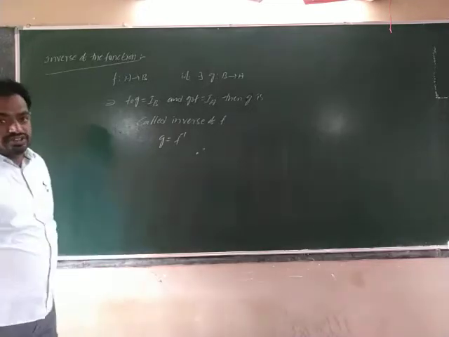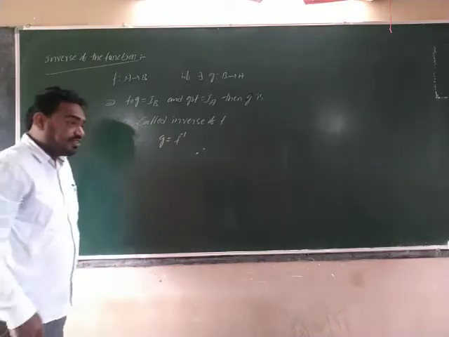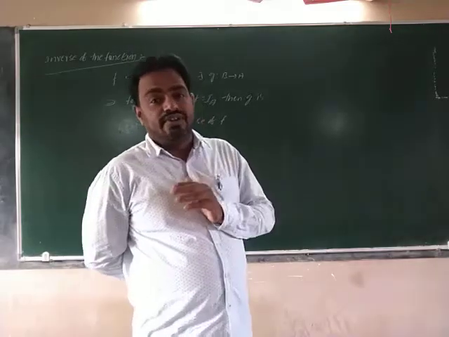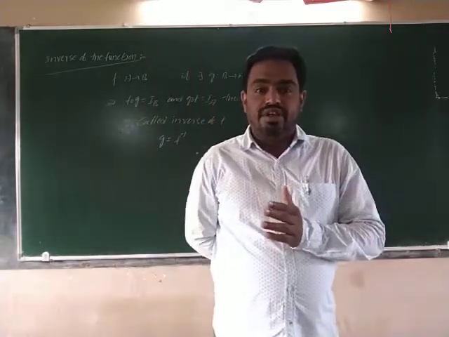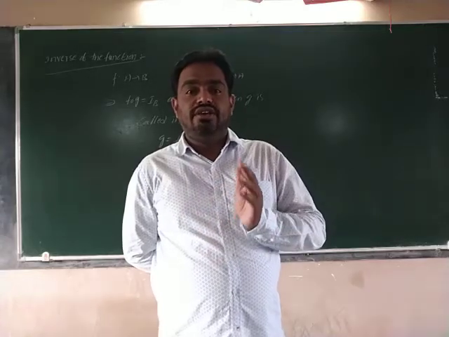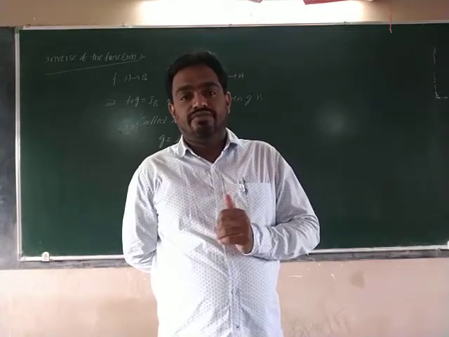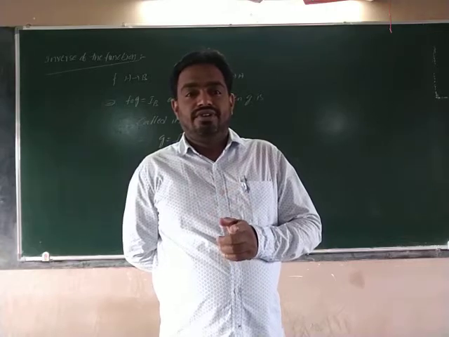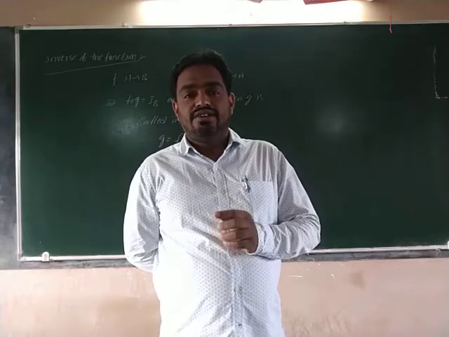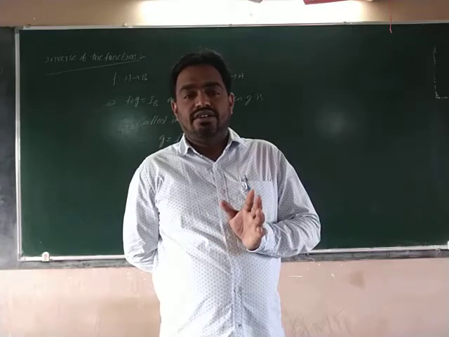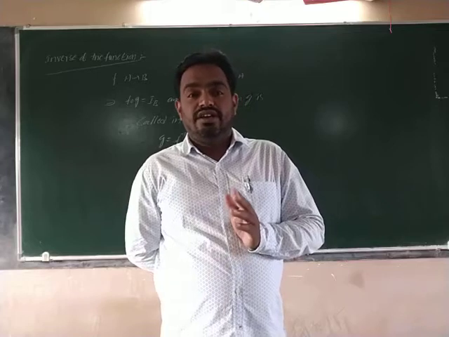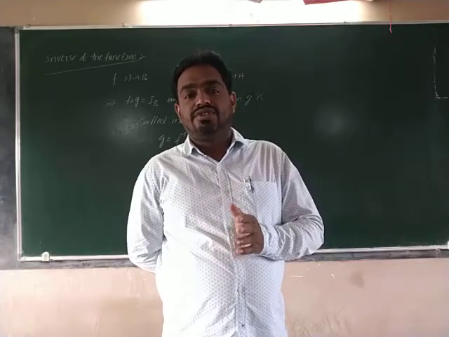This is the definition of inverse function. You see again. F is a mapping from A to B. The function is said to be invertible if there exists G from B to A such that F circle G is equal to IB and G circle F is equal to IA.